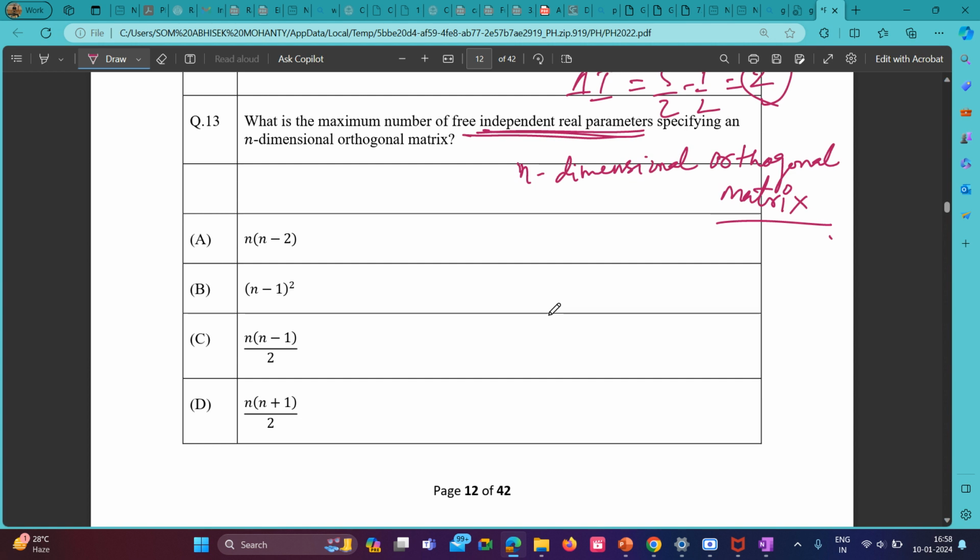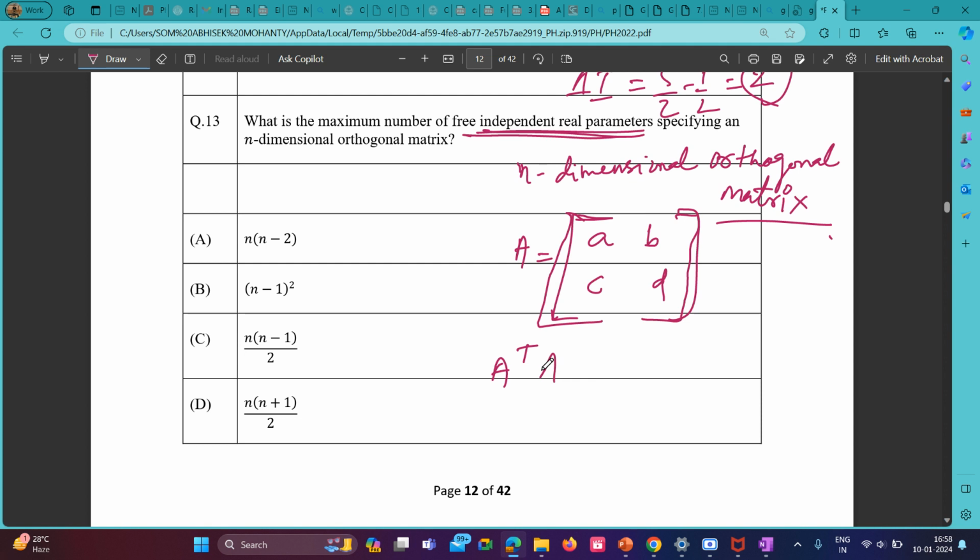All right. Let's see this question. For example, there is a matrix A, with entries a, b, c, d. What is the condition for A to be orthogonal?